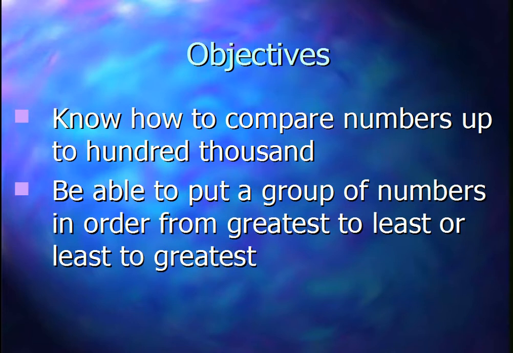Make sure when you are doing work and you have a question, you note if it says greatest to least or least to greatest, whether or not you get them in the correct order. I will be checking and taking off if you miss whichever order you put them in. If it asks for greatest to least, make sure you put them in order from greatest to least.